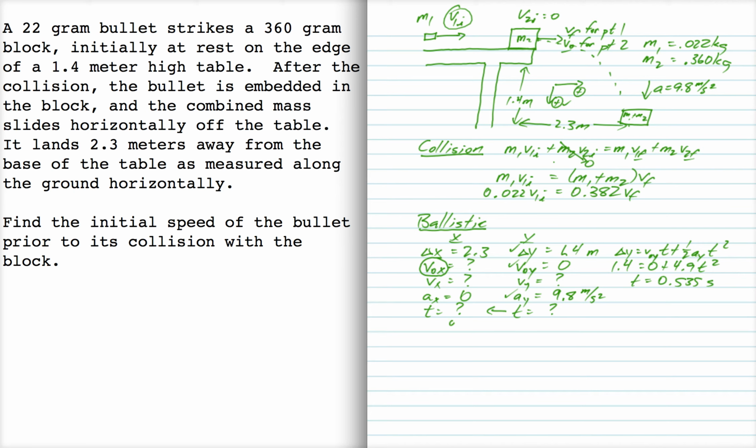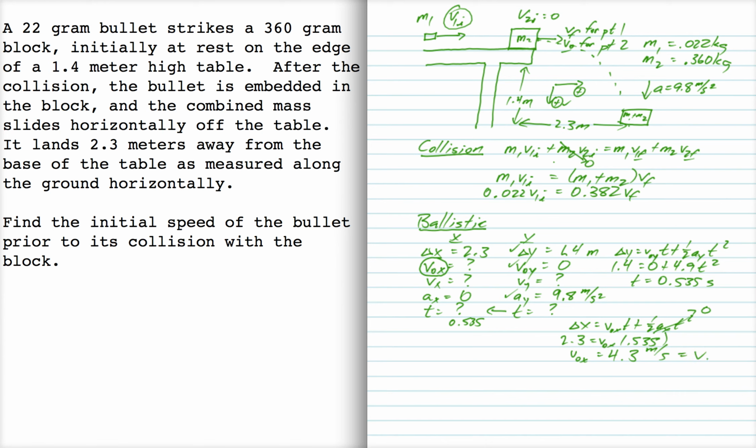So I'll use that in the x direction. In the x direction, I have delta x is v0x t plus 1/2 a t squared, and that term is 0. So 2.3 is equal to v0x times 0.535. So V0x is 4.3 meters per second.